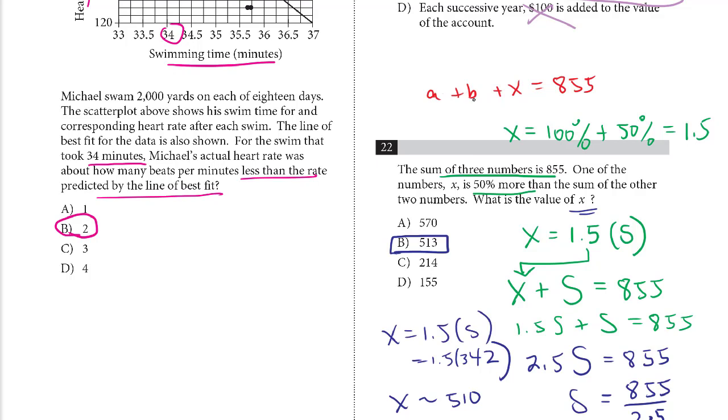I can't solve for a and b. And the answer is you can't. But don't get confused by that. You don't need to. What you need to solve for is x, and you can treat a and b as essentially one variable, a sum like we did here. We called it s. I don't need to break them out separately. That's just going to create confusion and potential problems for you.